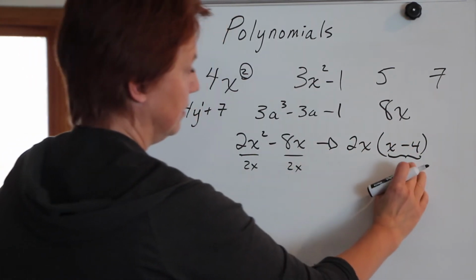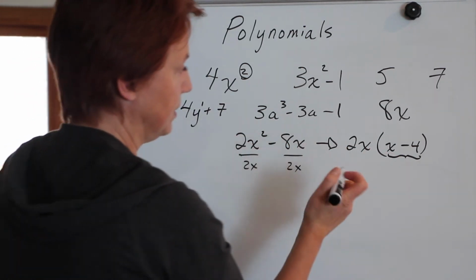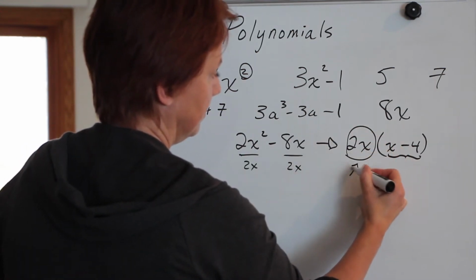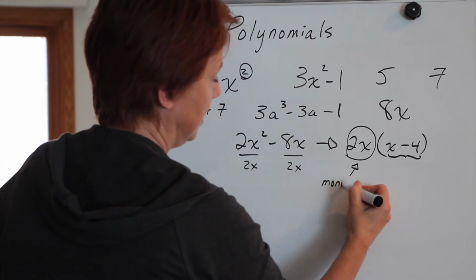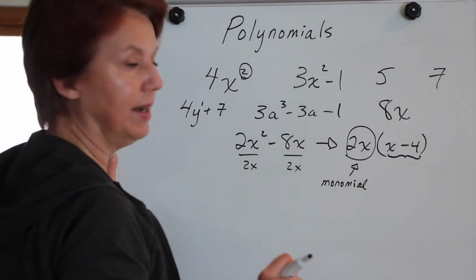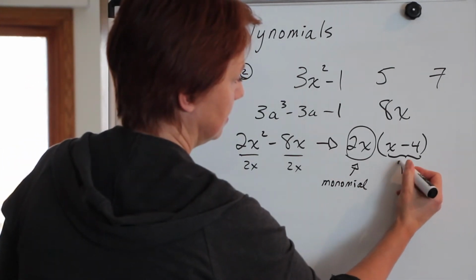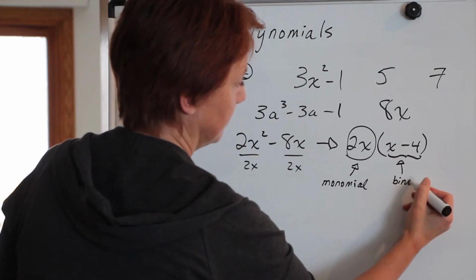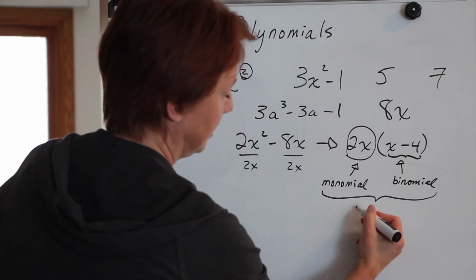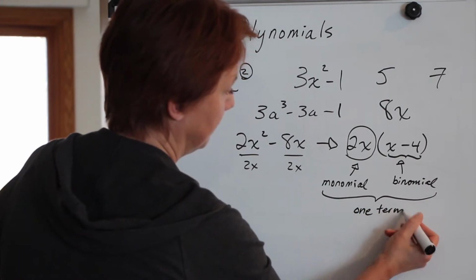So this is a single unit, this is 2 units or 2 terms. And we have a monomial term here. This is a monomial, and that's because it is a single term, but it's still classified as a polynomial. Okay, and then this here is a binomial. But because these 2 are being multiplied together, we actually have 1 term.